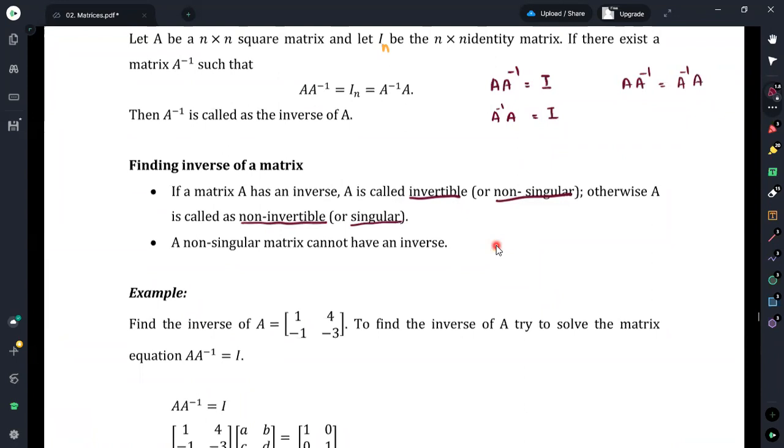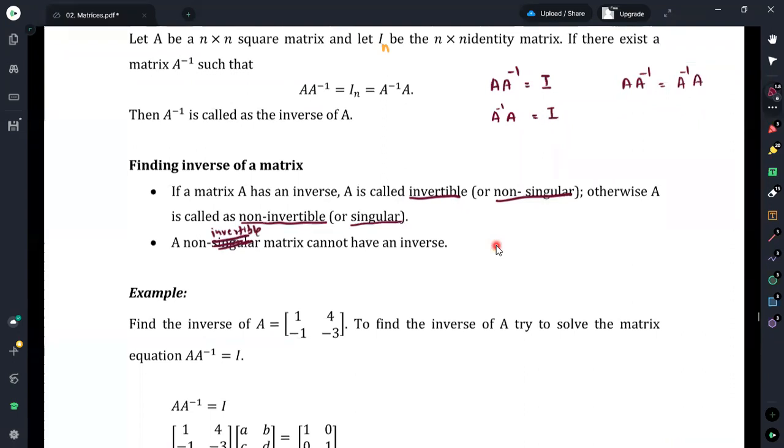Non-invertible matrices cannot have an inverse.